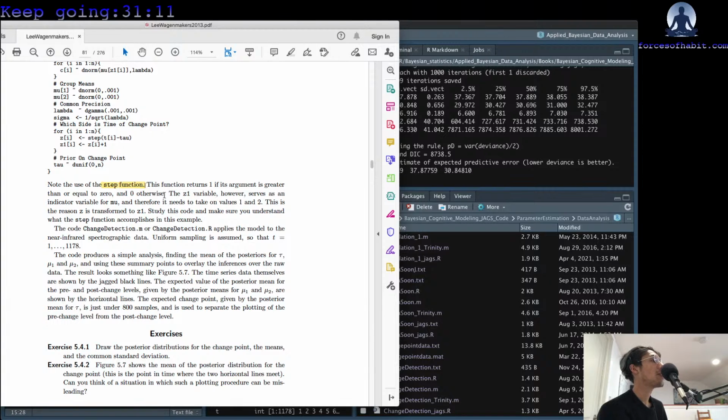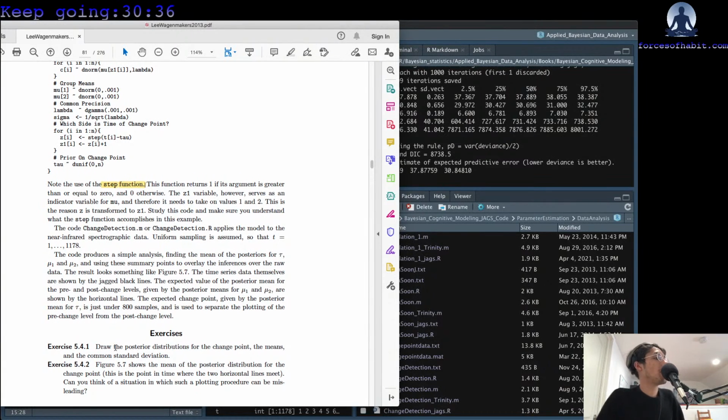And then lastly, we just have to set a prior for tau, and we choose a uniform distribution. So we allow it to be any value between time point 1, or time point 0, and time point 1,000 something. And you can imagine how this could change if we had some information or intuition about precisely what was the range to when we'd expect to see some change over time.